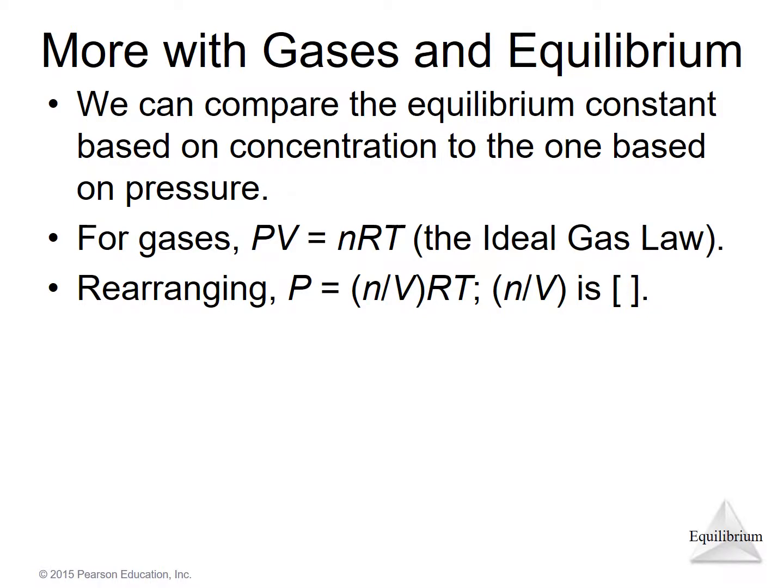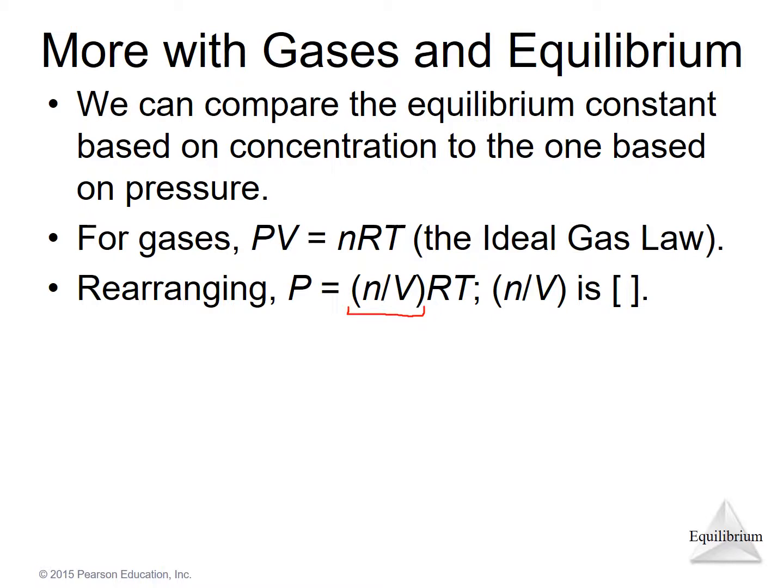Now, if you think about the units of this, n over V, that's moles divided by volume, which is simply molar concentration, or the familiar molarity. And it is molarity, our common definition, if V is expressed in liters.